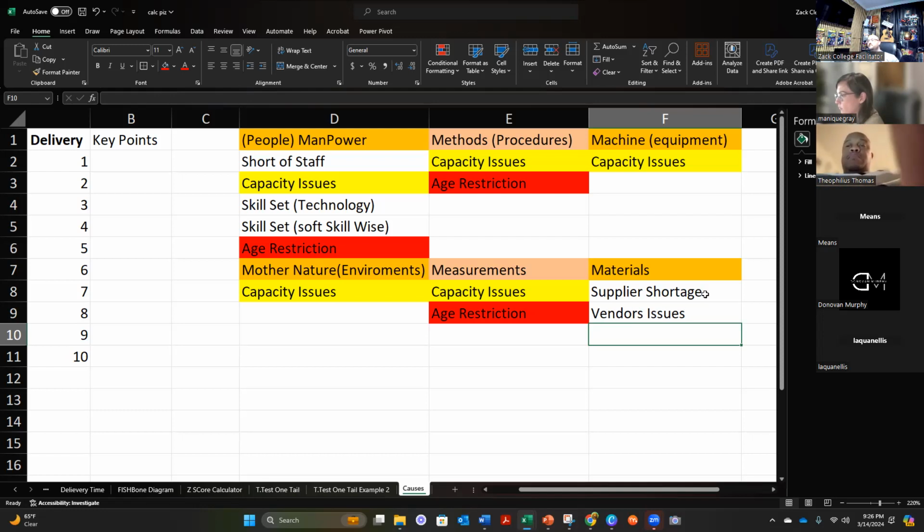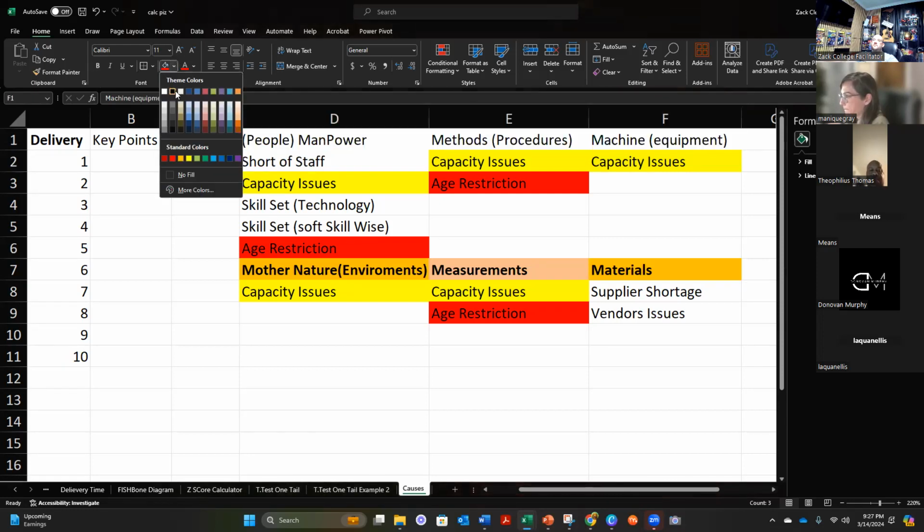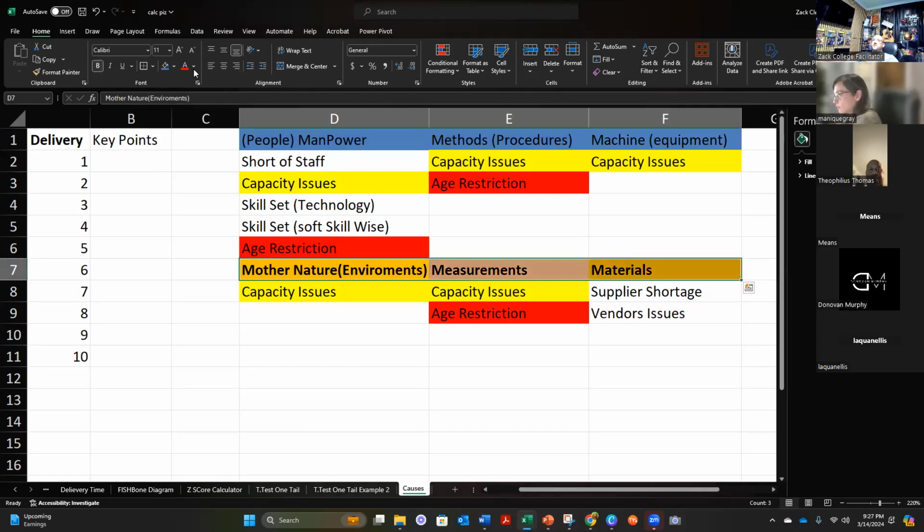I'm going to do this as one color, guys, so that way you can see them as the main categories.